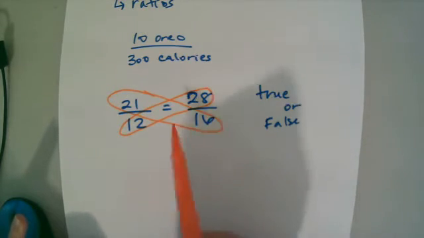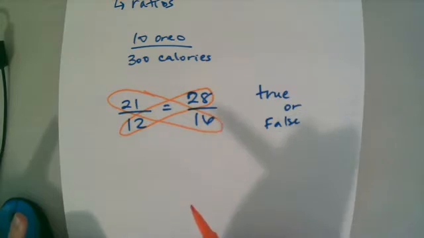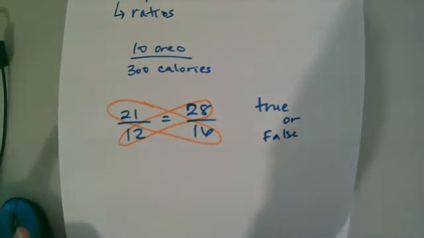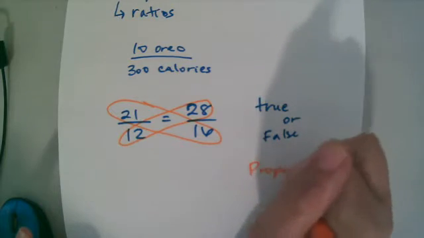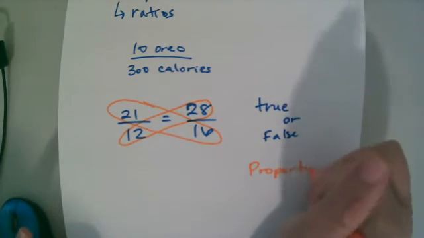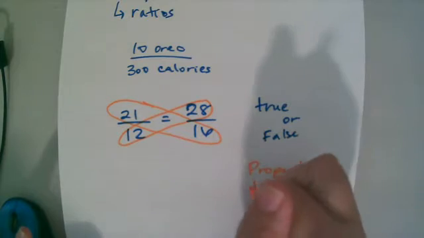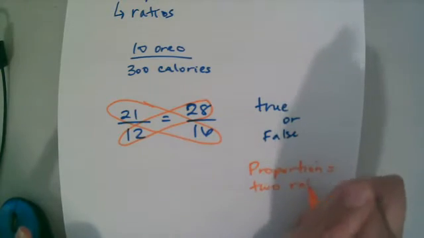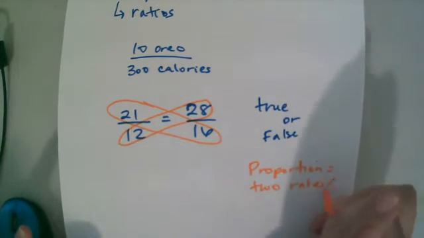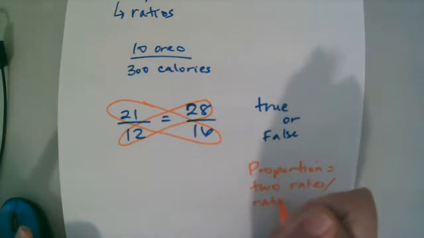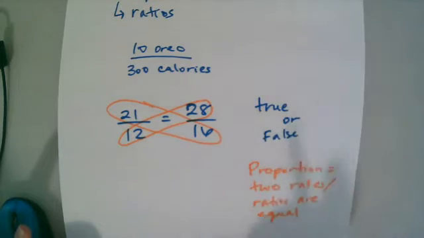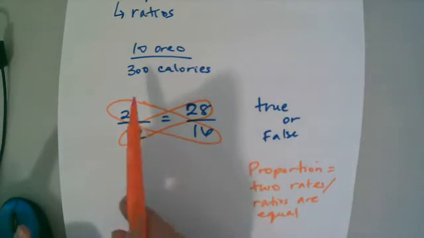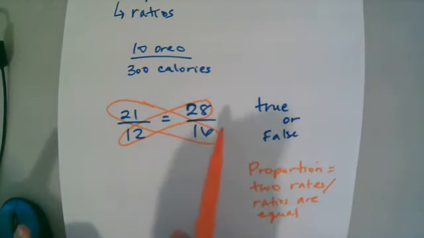Okay? A proportion states that two rates or ratios are equal. So if it is truly a proportion, this side is going to equal this side.